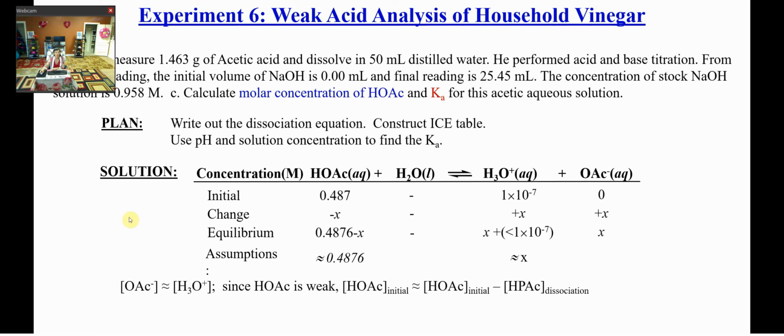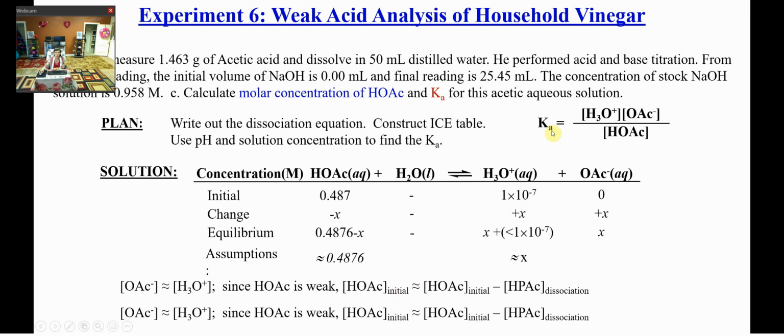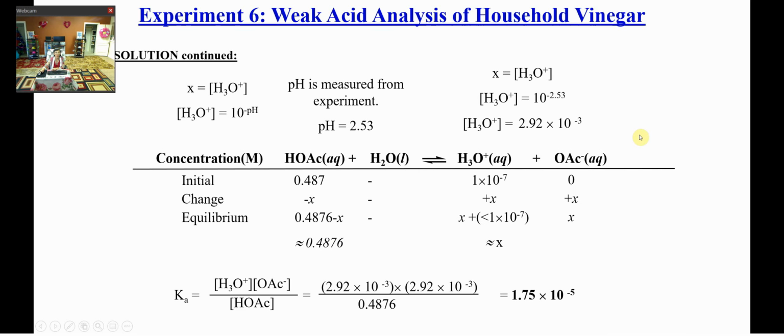And then what you are also going to do is replace these numbers into your Ka expression. Put the hydronium that we measured from your pH, the acetate, and the acetic acid concentration into your equation, and therefore you calculate your Ka.